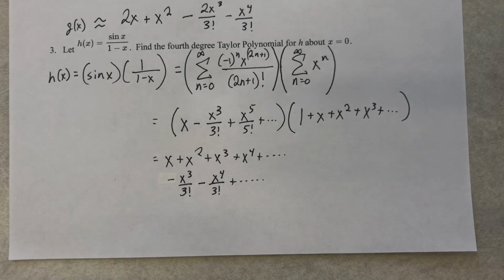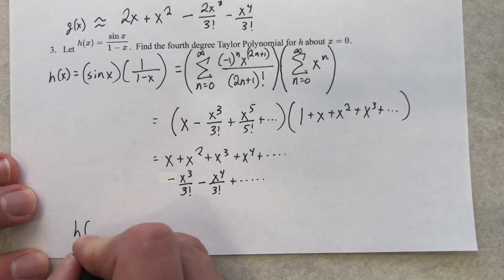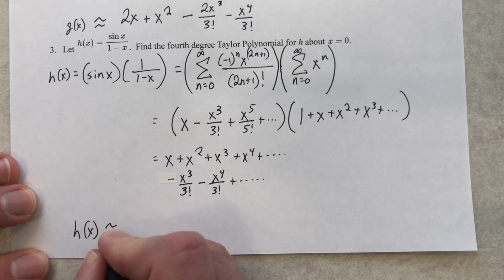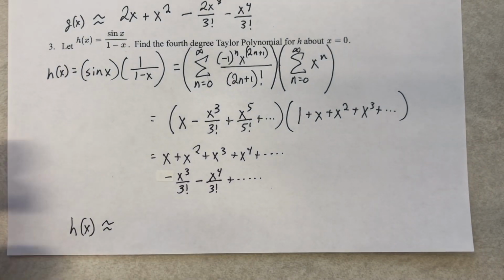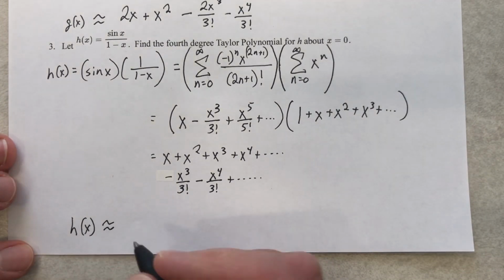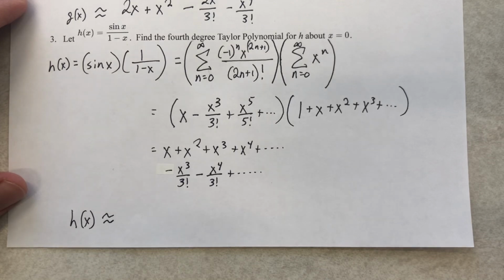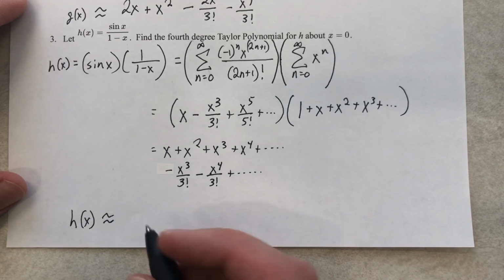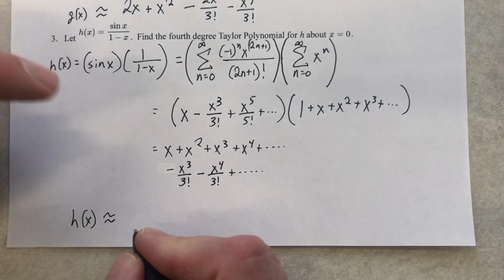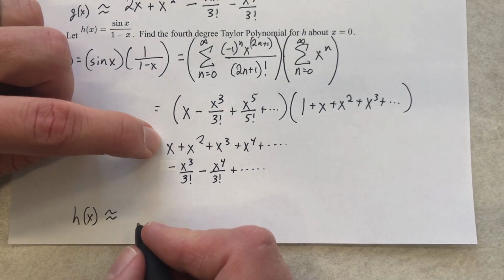And if we're going to put our final answer, we would say that h of x is not equal to, but is approximately. If you put equals, I'd be reluctant to do so because it's technically an approximation. So h of x is approximately equal to, now let's write the fourth degree polynomial here. I'm looking back through my work, making sure everything's right. We're going to have x, that's the only x, right?